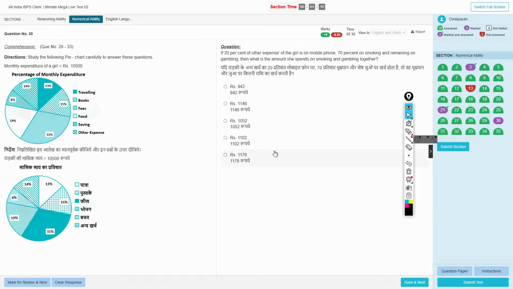Skip here also. 20% of the other expenses of the girl is on mobile. So 20% of this is, so 14 into 105 into 20, okay, 70% on smoking and remaining on gambling. I don't care. What is the total amount she spends on smoking and gambling? So only 8%. So the digit sum is going to be 4, 6, 4, 6, 24, 24 again 6, 6 and 8, 48.